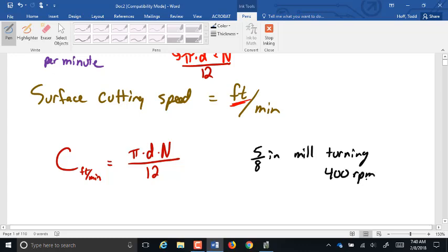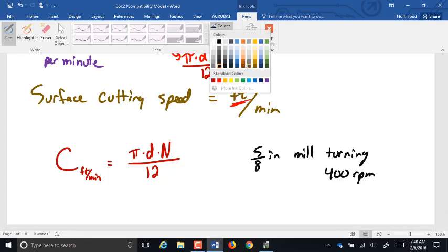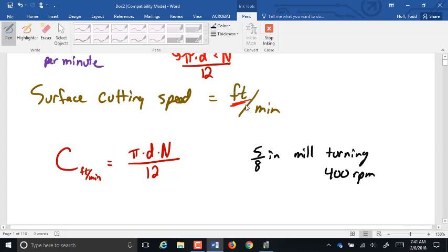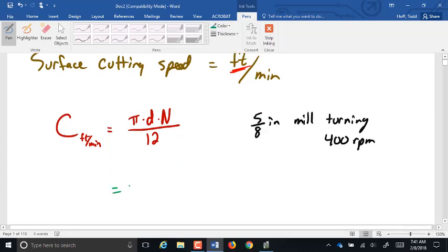So let's say we have a 5/8 inch mill turning 400 RPM. Its surface cutting speed, I'm going to put it in as 3.14 times, what's the diameter? 5/8. What's N? 400.